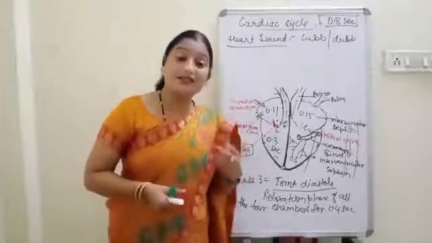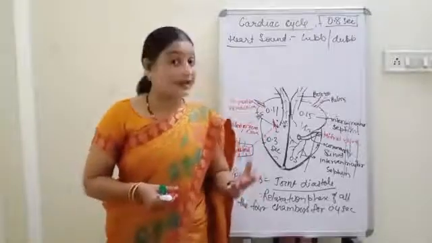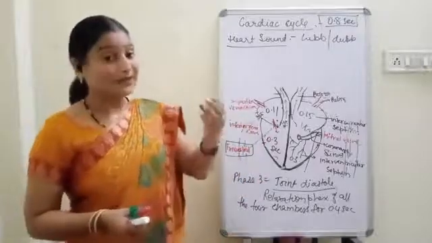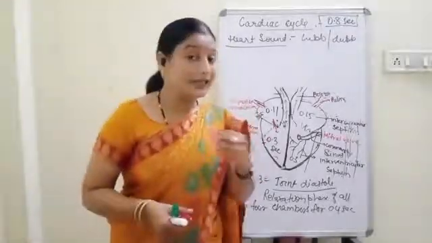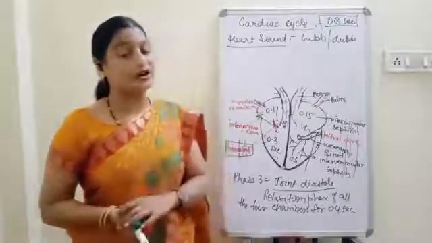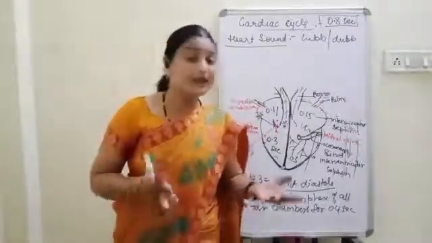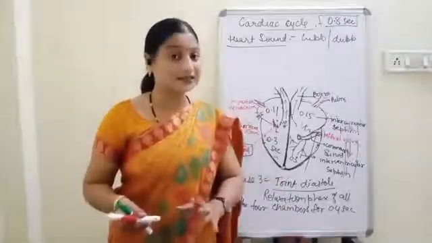The rhythmic contraction and relaxation that can be felt by the arteries is felt by our body in the form of jerk, and that is called the pulse. And that's why, children, we see that the heartbeat is same as the pulse rate.